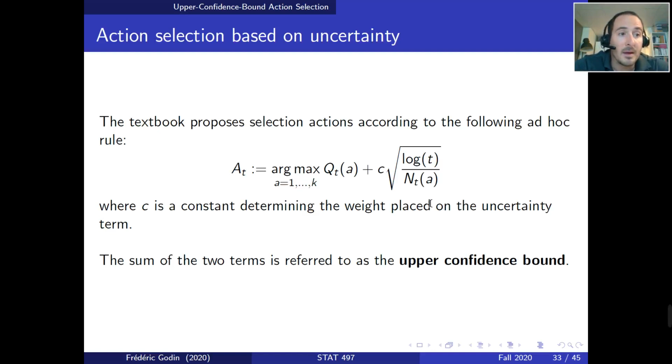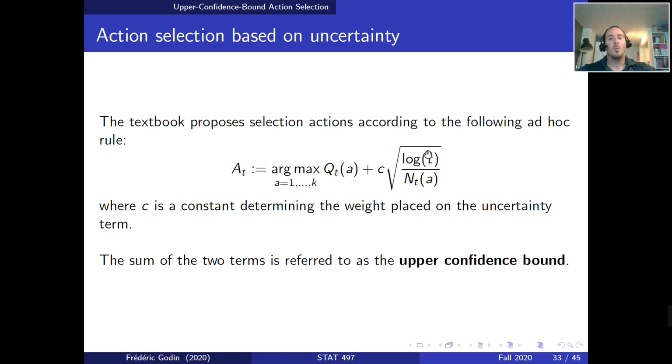Okay, so if action A was sampled very often, this N will be very large and this term will be close to 0. Okay, so here I haven't said it, but c should be a constant greater than 0. So if N_t(A) is very large, action A was sampled quite often, then there's high certainty about this action and this term will become close to 0. Conversely, if action A was not sampled often, then this N_t(A) will be low and this whole term will be large.